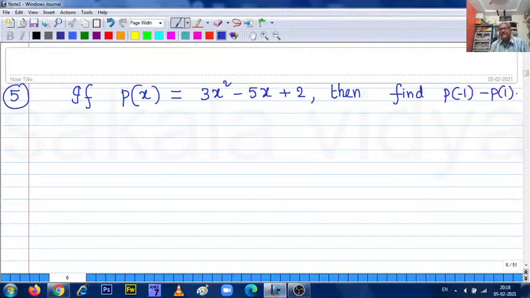So these types of questions are very important for 1 mark questions. All of you try to concentrate here. Are you there, all of you? Just say once again, yes or no. P of x equals 3x square minus 5x plus 2. Then find p of minus 1 minus p of 1.